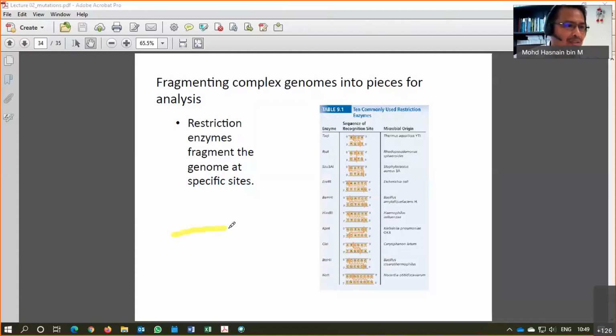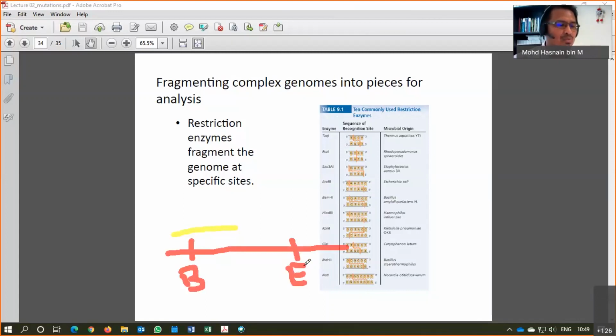For example, red color, this one is BAMH1, and on the region, this one is EcoR1.